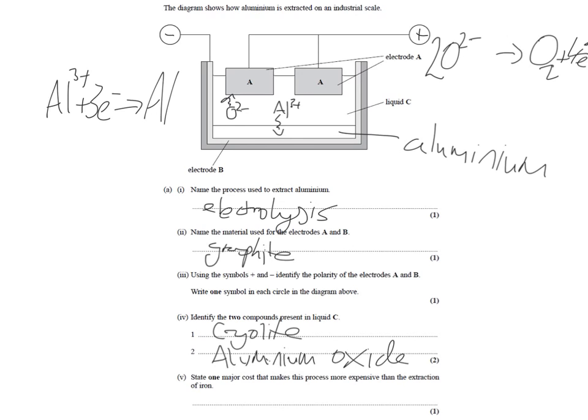But aluminium oxide has a very, very high melting point. So you might then say, as a solution, what about dissolving it in water? You can't do that with aluminium oxide. It doesn't dissolve in water. But it does dissolve in this substance called cryolite. So cryolite is normally a solid, but if we melt it and then we put aluminium oxide in, it dissolves.